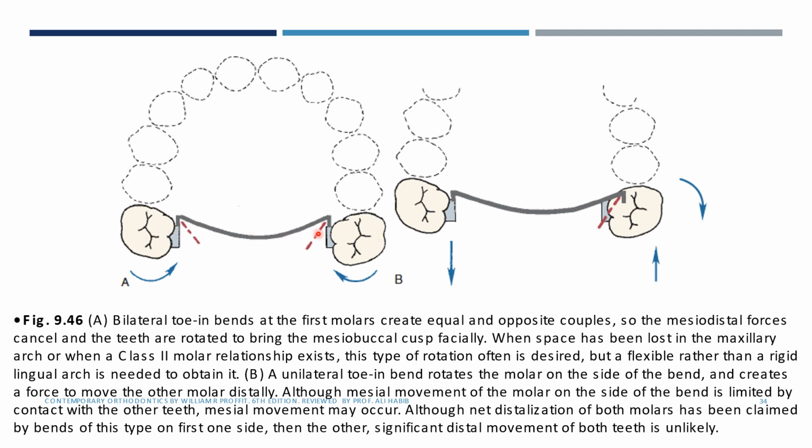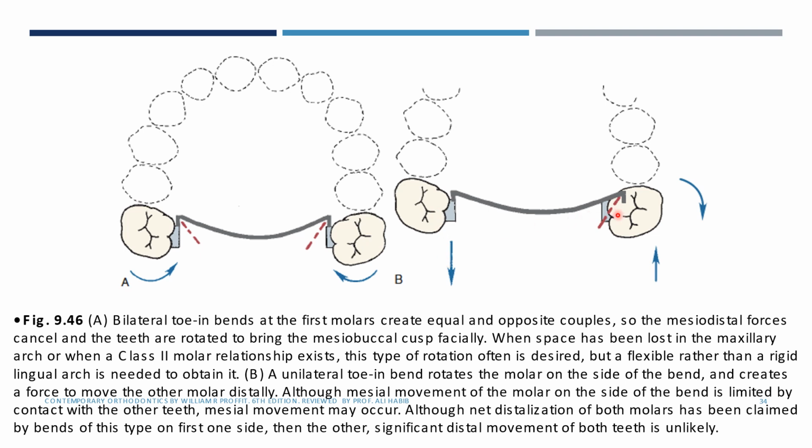So the 2 teeth will experience no anteroposterior forces. We don't expect the molar to move because each force will cancel the other. And what we expect is mainly rotation, derotating the molars out.